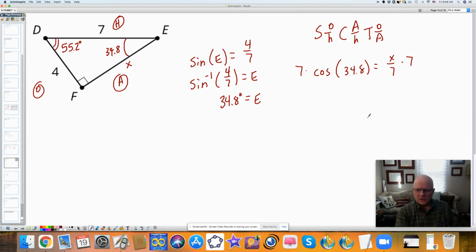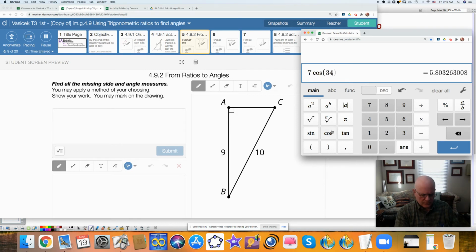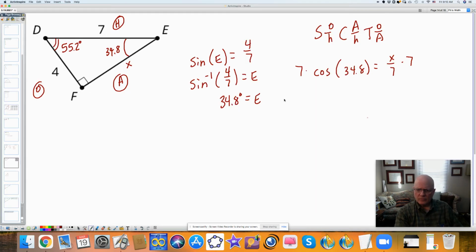I don't want radians, I want degrees. 7 times the cosine of 34.8, and I get 5.7. So my x value is equal to 5.7.